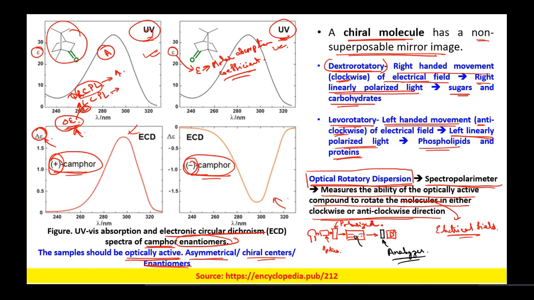So when you have this sugar or carbohydrates, initially you have this light beam passing through the optics and the polarizer. You get this polarized beam and it passes through over here.